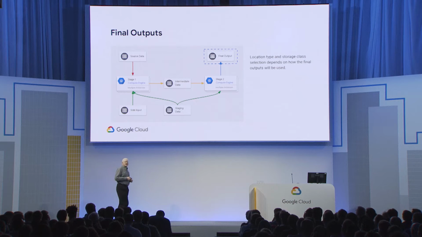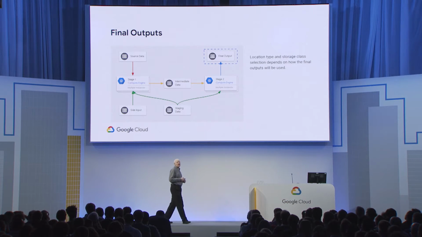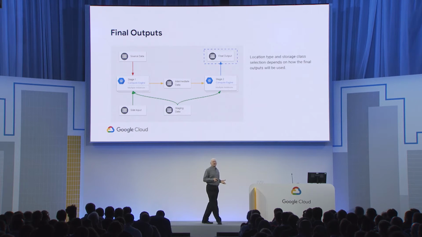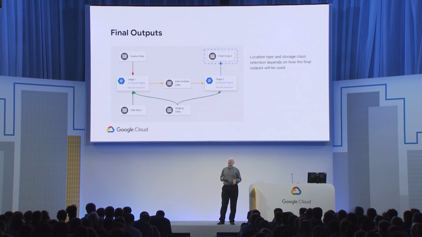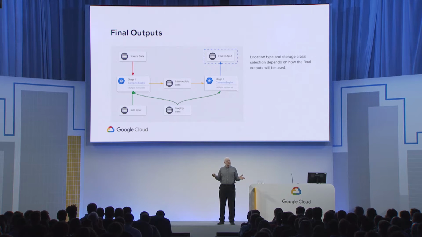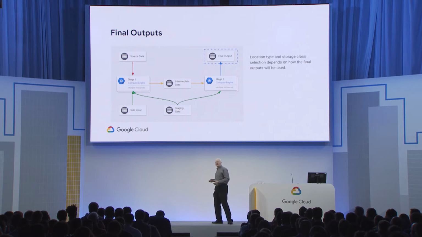Your staging data, your side-loaded data could come from any source. It doesn't really matter. Usually, you're not pounding on that data that hard. Right? So you don't really need to rely on high performance. Obviously, a regional bucket might be most appropriate, but you might be serving it out of a multi-regional bucket as well. And then finally, your destination data is really all about how you're going to use it. If you're going to be taking that destination data and serving it up, maybe you'll put it into a multi-regional bucket.